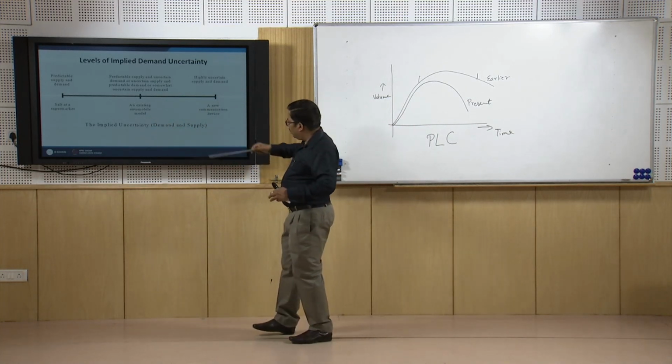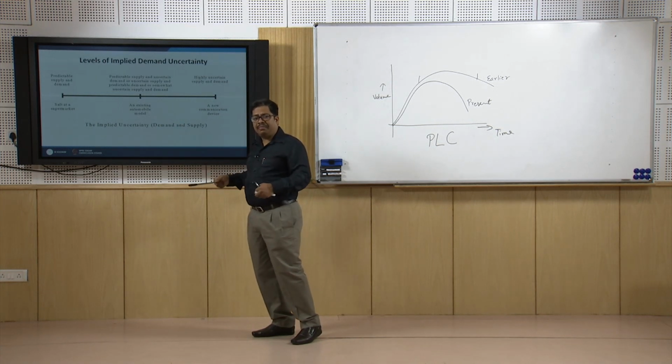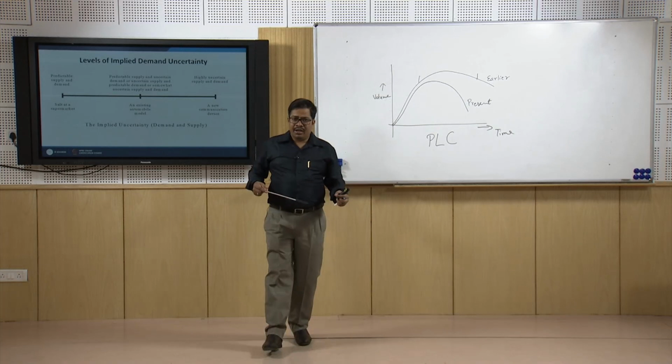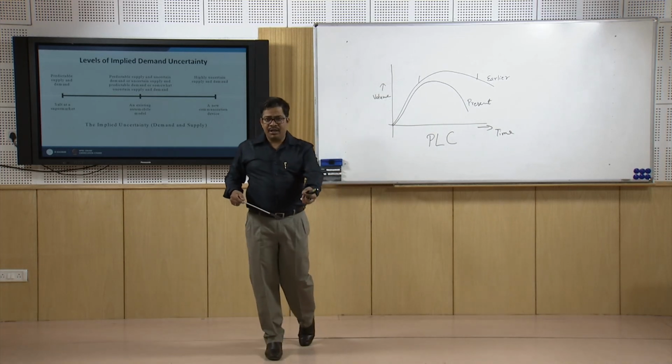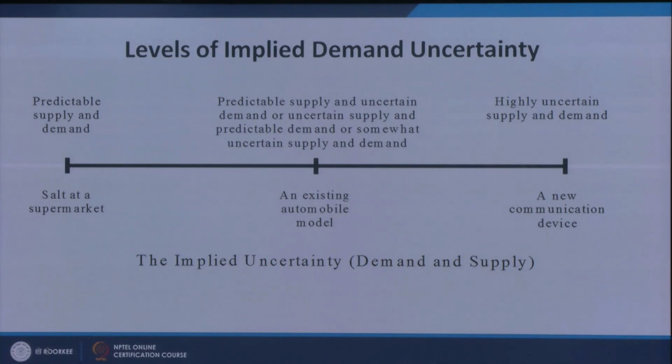So, it requires a very integrated effort from all the functional areas, not only the supply chain, but the product development team, the marketing team, the distributors, and the after sales service, all those who are involved in delivering value to the customer. They have an important role to get this position on the implied demand uncertainty spectrum.